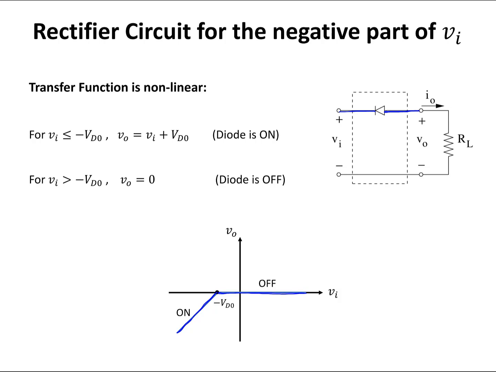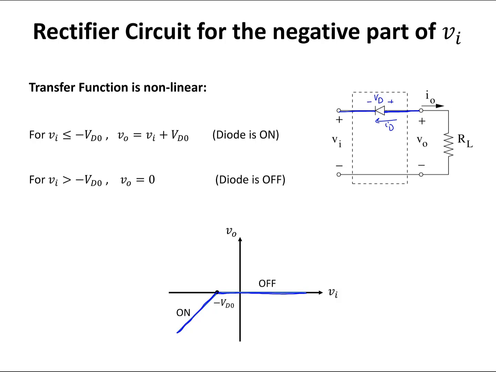The diode is going to conduct only for negative values of Vi that are more negative than negative VD0. So when Vi has a positive value, the diode is reverse biased and it's not going to conduct.